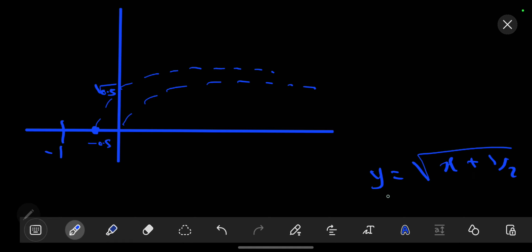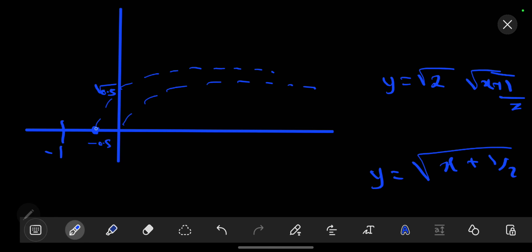Now we also have the other one, which is y equals the square root of 2 times the square root of x plus half. So how will this affect our equation? This square root of 2 is more like it is multiplying each and every point. The square root of 2 is approximately 1.4, so each point will be multiplied by 1.4.